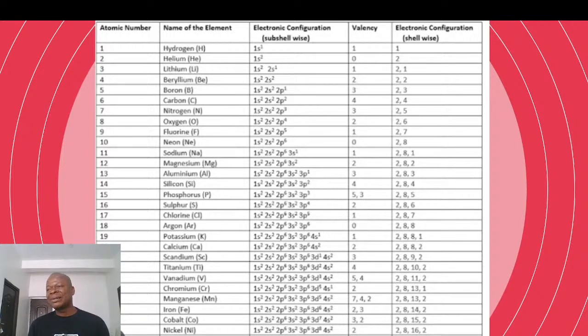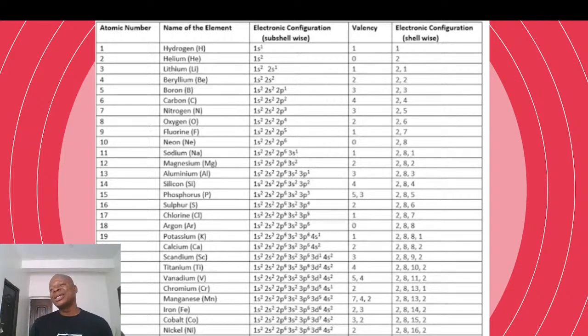Potassium has the symbol K. Now, if you are to arrange potassium in its electronic configuration subshell, you're going to have 1s2, 2s2, 2p6, 3s2, 3p6, and 4s1. Now we've entered 4s. Remember the other one, there was no 4s there.